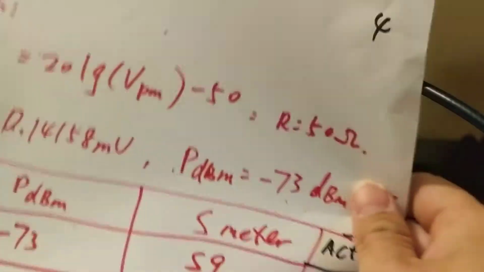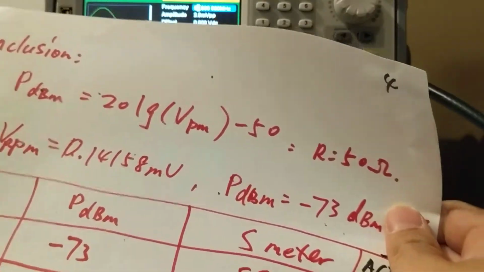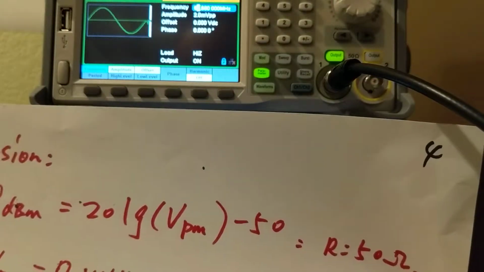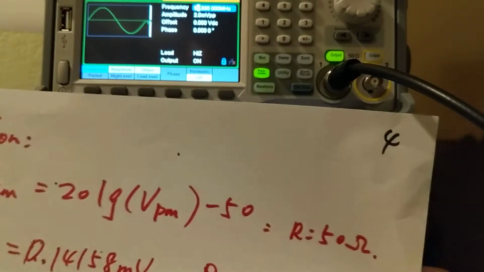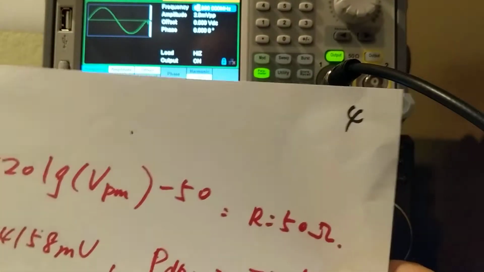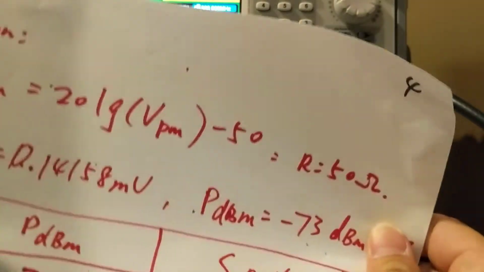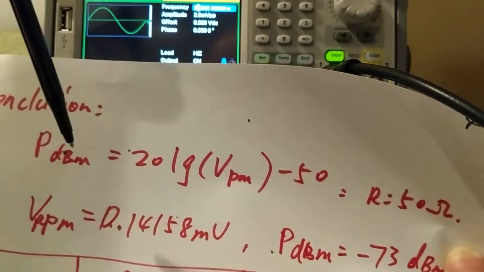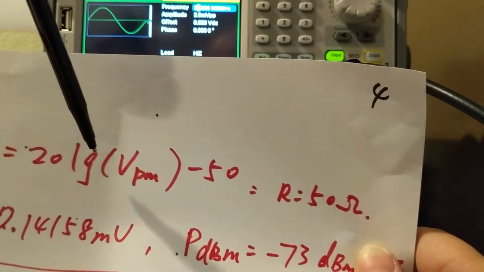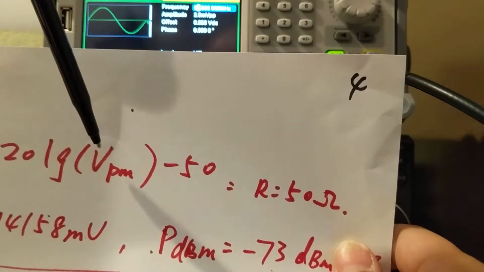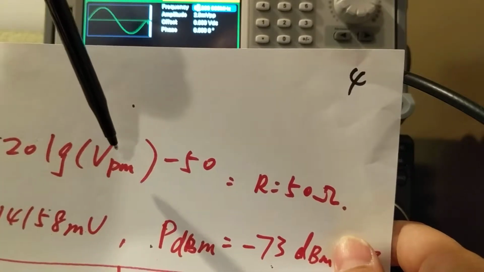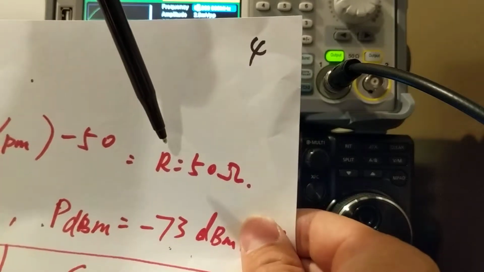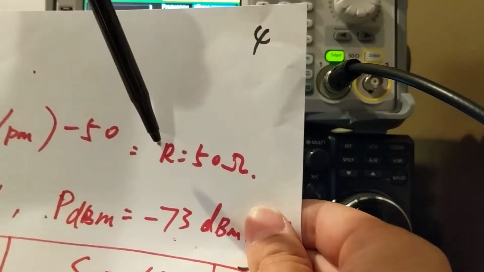This is the final conclusion: the power in dBm is equal to 20 times log of V in millivolts peak, minus 50, assuming the resistance is 50 ohms.